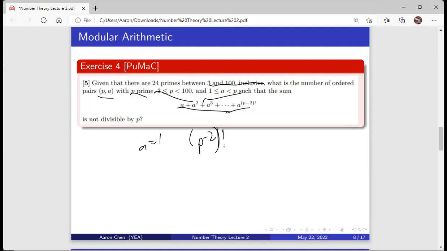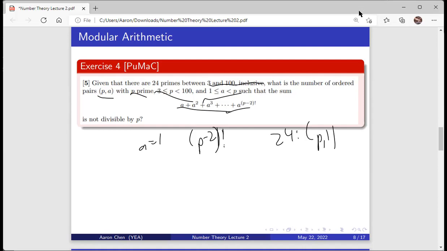Sorry, I didn't mean that this fails. I just meant it's never divisible by P. And so this actually works. And so there are 24 odd primes, there are 24 primes from 3 to 100. And so that means that there are 24 solutions of the form (P, 1).